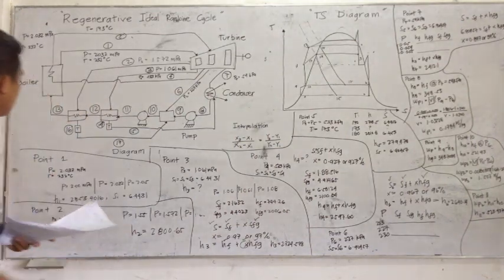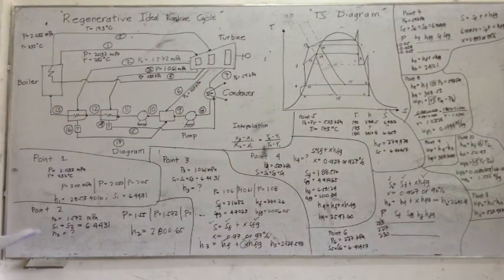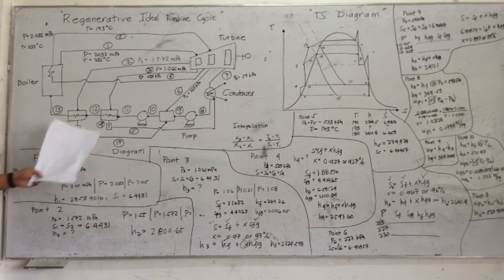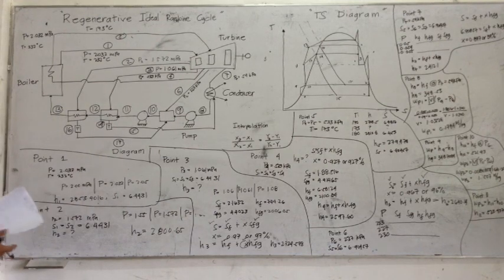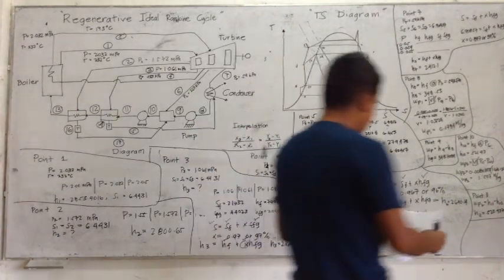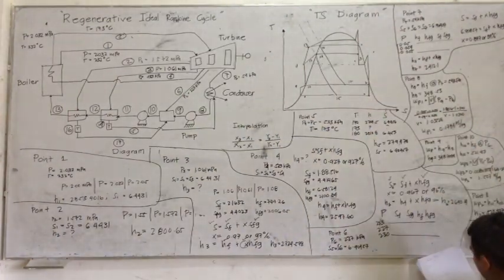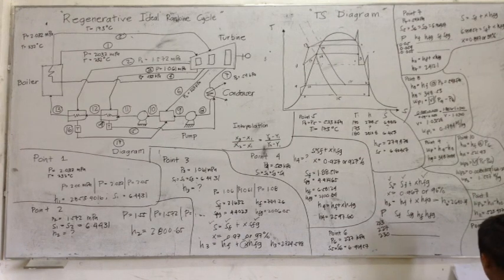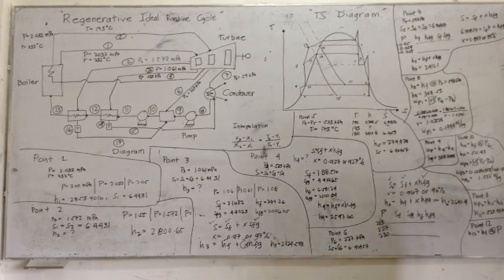Next, we go to point 12. It has the same pressure that came from point 11. H12 is equal to HF at pressure. So what pressure do we need here?